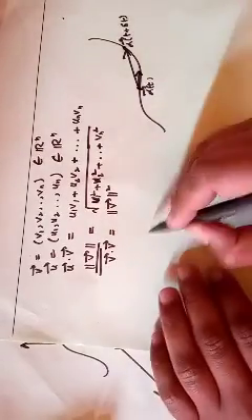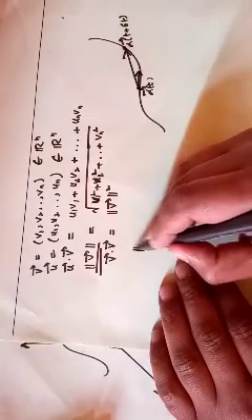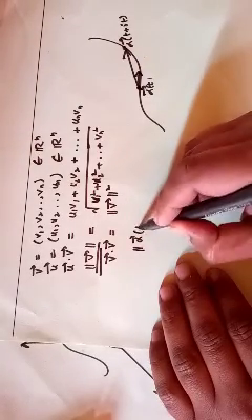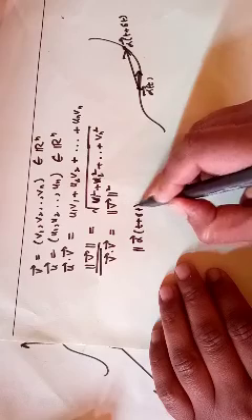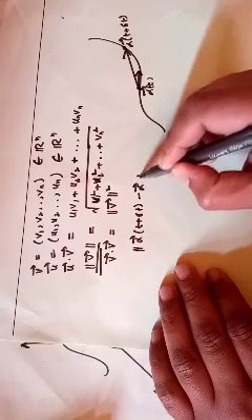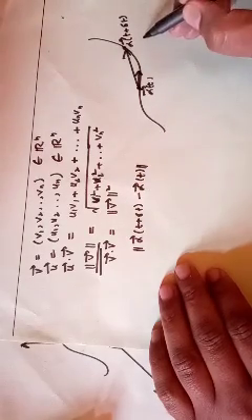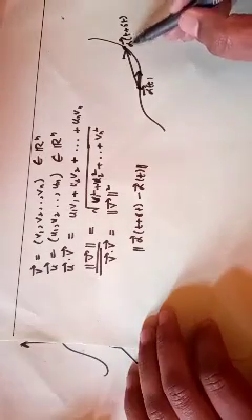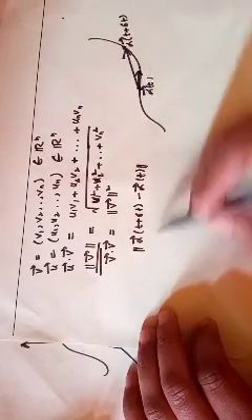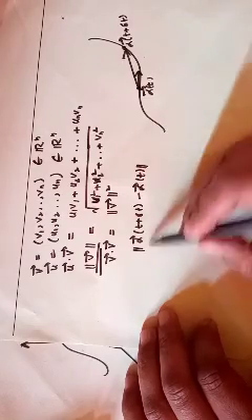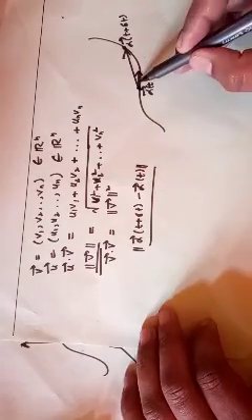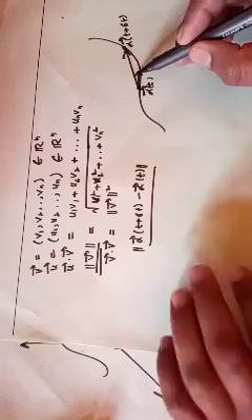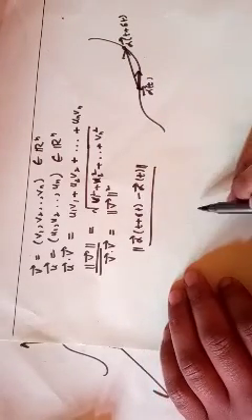That means the length of this vector, alpha(t plus delta t) minus alpha(t), would be approximately equal to the arc length in case delta t is very small.